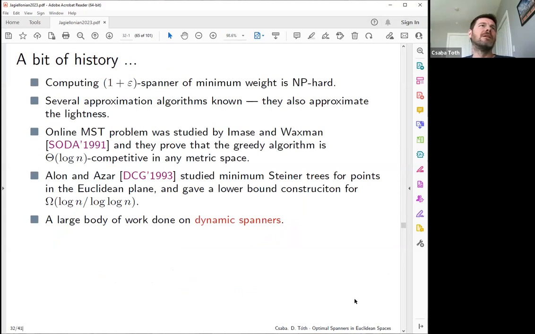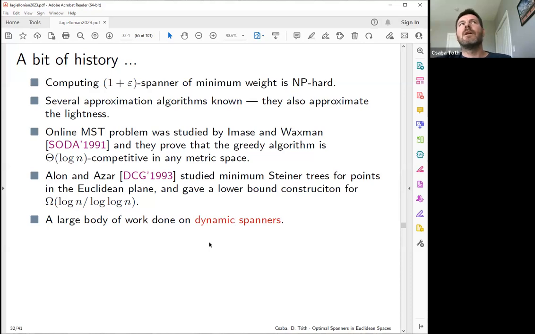So that's just a way to construct something for the adversary. There's a lot of work done on MSTs and trees, but no previous work on non-Steiner spanners. And I talked about dynamic algorithms already. Dynamic algorithms can add and delete edges, and the other difference is that dynamic algorithms care about the running time or update time.